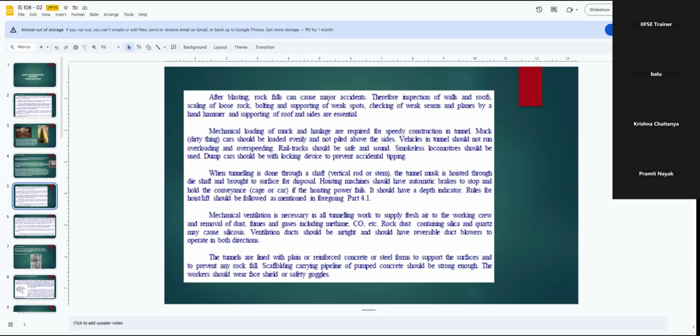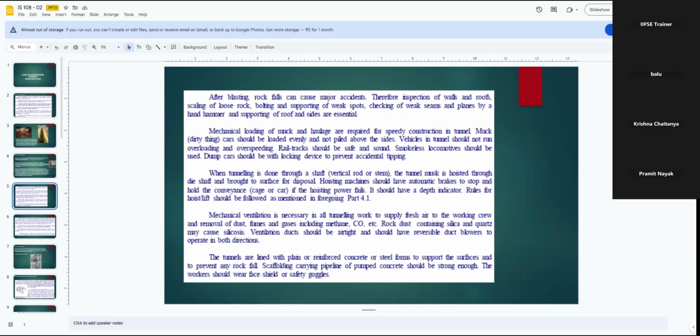Once it has moved to a certain extent, it will be difficult to balance or get fresh air in the tunnel. So mechanical ventilation is provided for the fresh air supply.